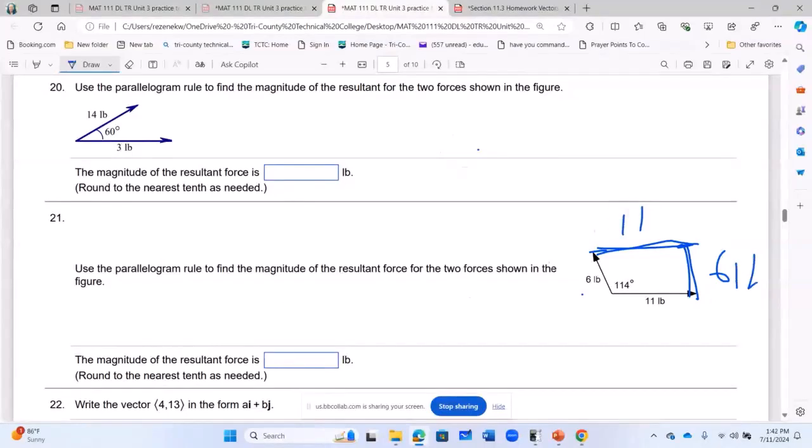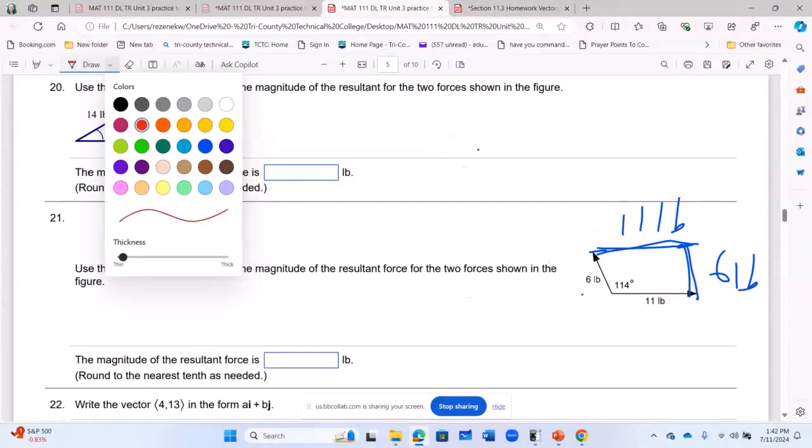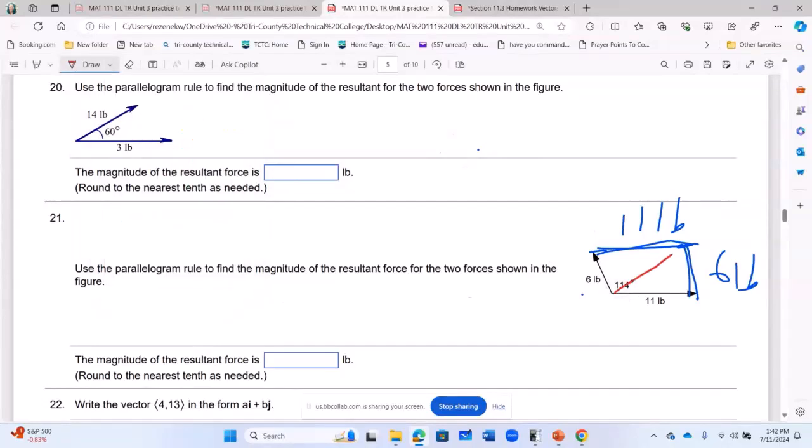They're in pounds. Opposite sides of a parallelogram are congruent. The diagonal has got to go between the two forces, the two vectors. So the diagonal is the resultant force that I'm looking for. That is the resultant force. And this is R.